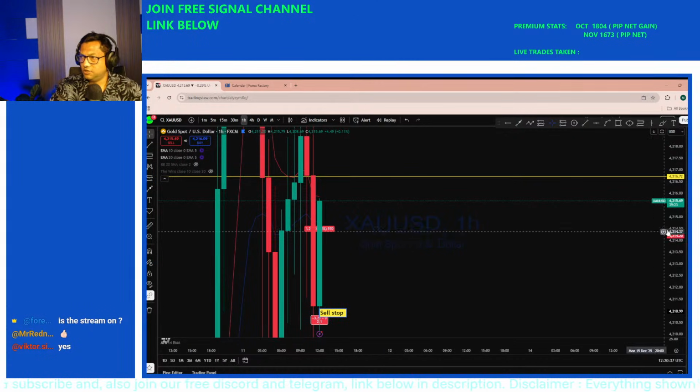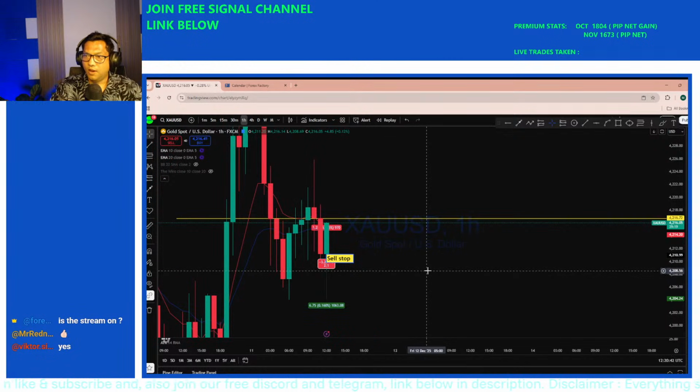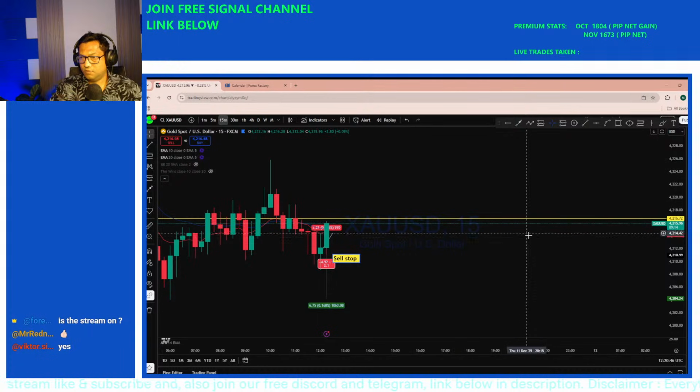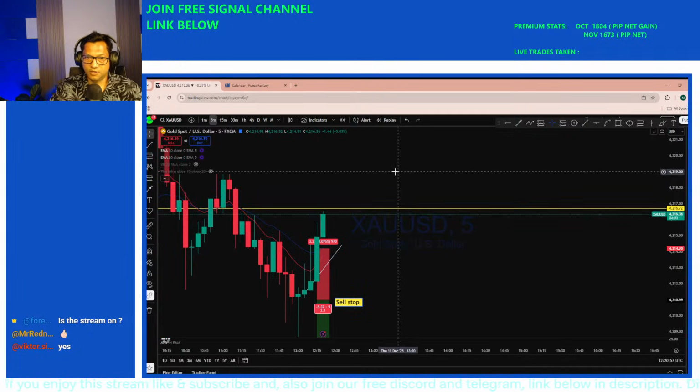So the market is having a rejection from this level, and might now go up for a deeper pullback in that area.